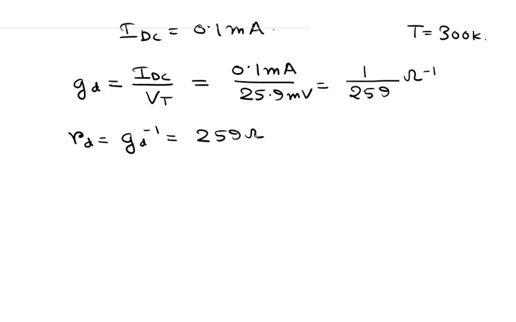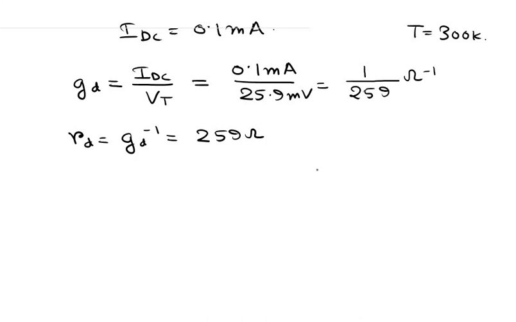Now remember that the small signal AC model gives us information on how the AC component of the voltage is related to the AC component of the current. So in the small signal AC model, we can remove the DC source, because the DC source does not create AC current, only the AC voltage creates the AC current.